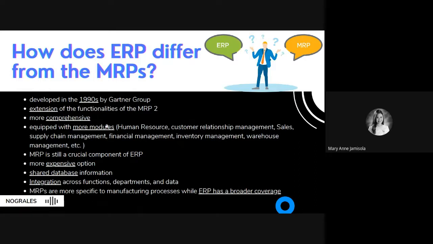It is equipped with more modules, and MRP is still a crucial component of ERP. It is a more expensive option. It has a shared database of information. It has integration across functions, departments, and data. And MRPs are more specific to manufacturing processes, while ERP has a broader coverage.